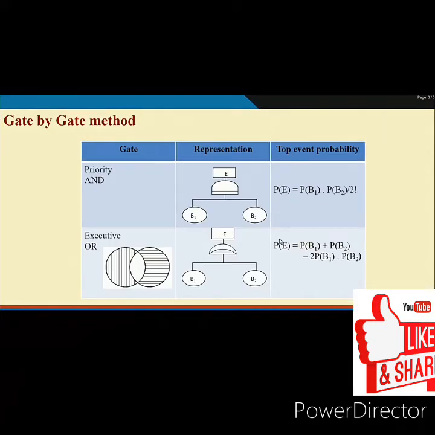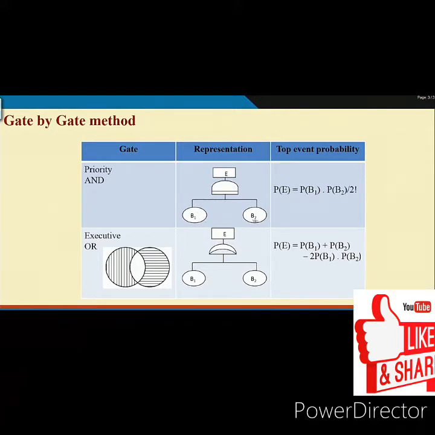What will happen if it is a priority AND gate? Priority AND gate means B1, B2 should occur, but in order. So, first B1 occurs followed by B2. So, the probability of E is definitely the intersection probability of B1 intersection B2 into something. What is this? How many orders are possible and how many are in favor.